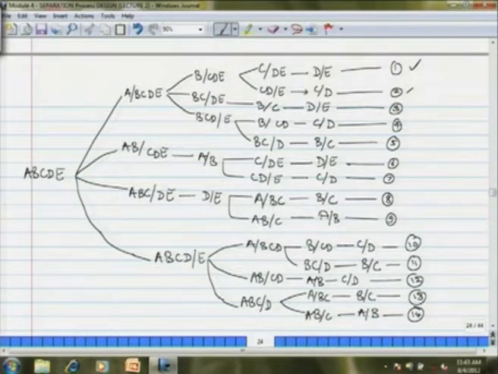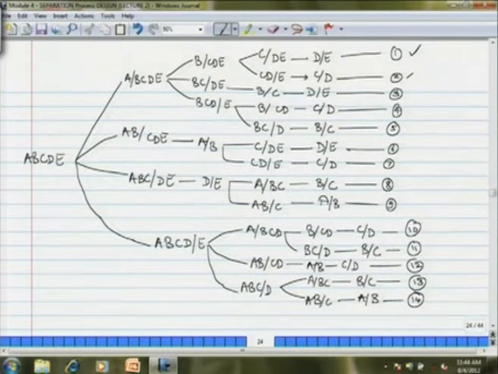Then after removal of A, you have another choice of splitting the quaternary mixture in indirect sequence, like BCD together taken off as the top product, E, the heaviest component, taken off as the bottom product, and then the mixture BCD is split again in direct and indirect sequence. In this way you can write 14 different sequences, which are shown.